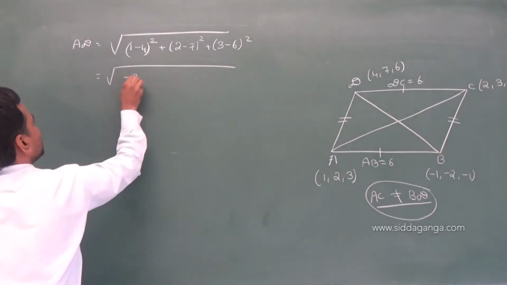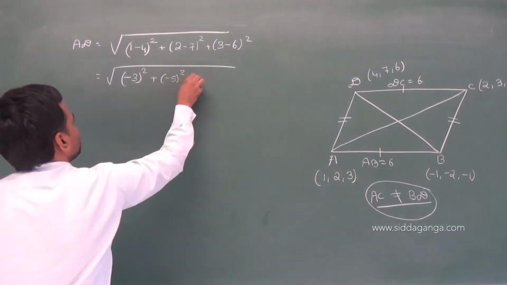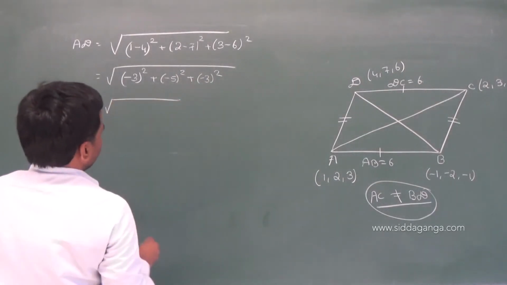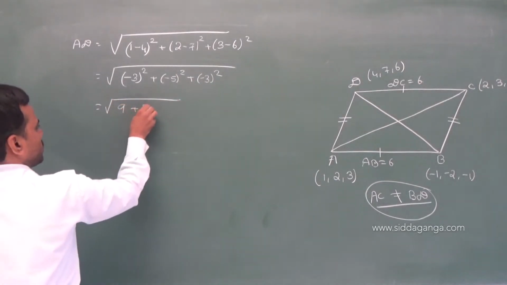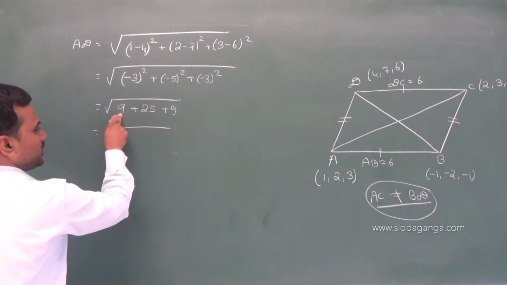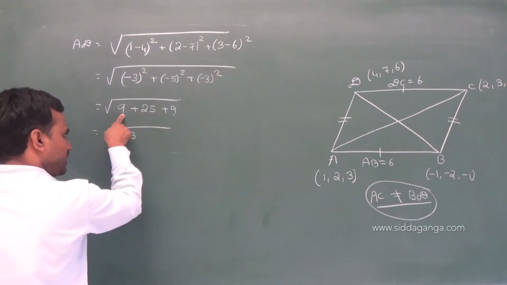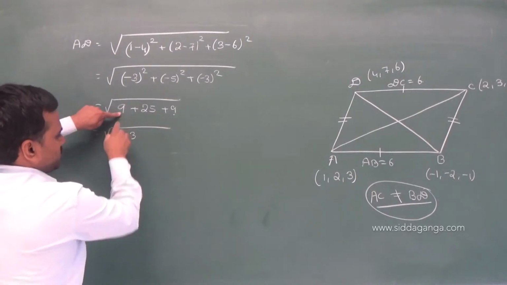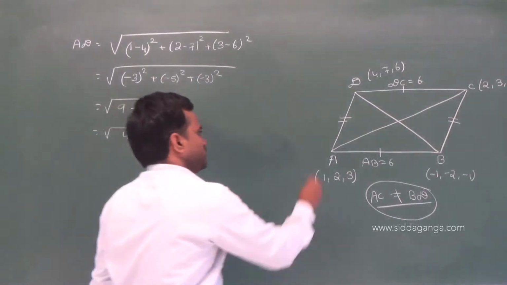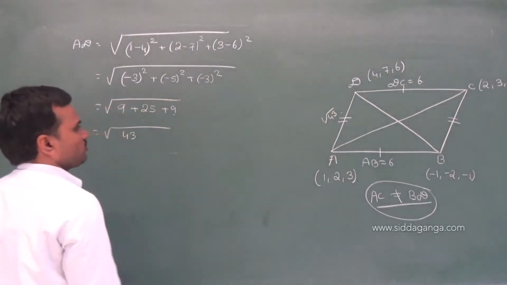That is minus 3 whole square plus minus 5 whole square plus minus 3 whole square. Correct? 3 square is 9, 5 square is 25, 3 square is 9. 25 plus 9 is 34. 34 plus 9 is 43. AD is equal to square root of 43.